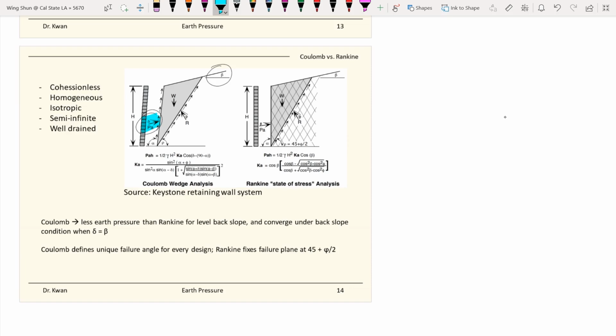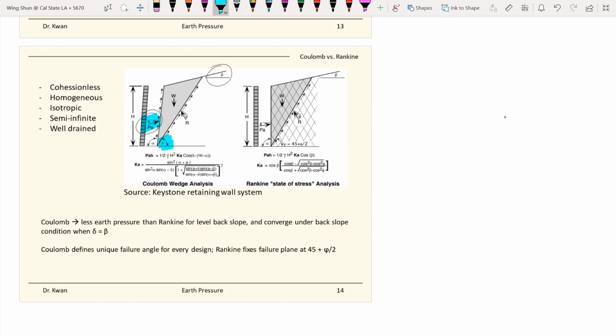Another very fundamental difference is that Coulomb defines the failure angle for every design, which means the size of the wedge grows, and we search for it through a derivative to find the minimum resultant force from the wall.